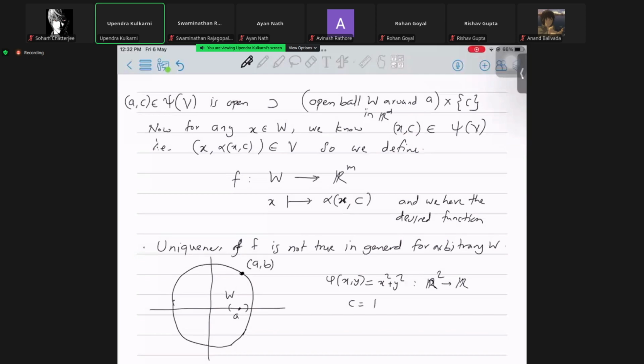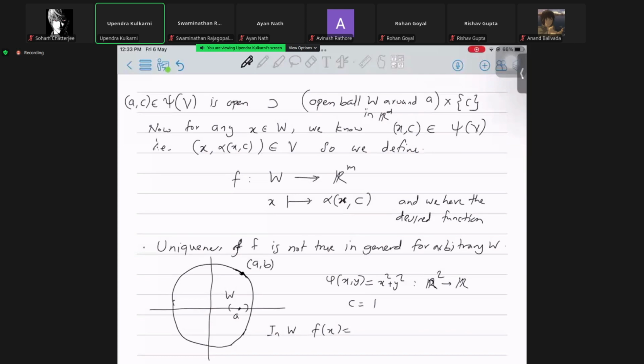So here, in W, f of x is equal to what? Come on. So I'm supposed to be able to solve in a neighborhood over here.